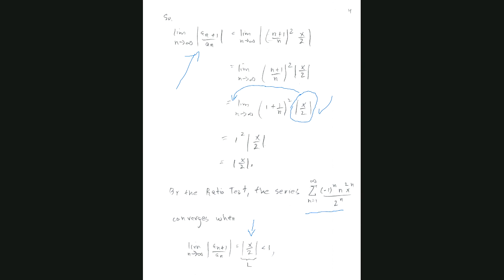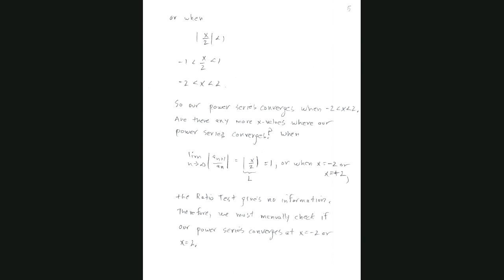Josiah has a good question. We need to consider all x values. Let me go to the next page. When the absolute value of x over 2 is less than 1, this means that x over 2 is greater than negative 1 and less than 1, so x is between negative 2 and 2.